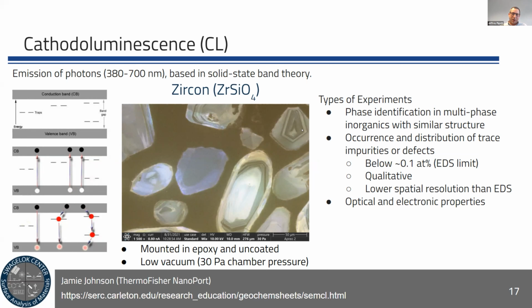So these concentric rings can be used by geologists for age dating of minerals or determining different occurrences of how this mineral formed. So this could be applied to semiconductors or other insulators as well.